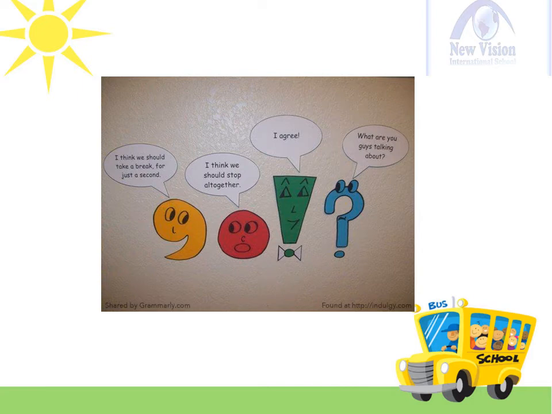These are 4 punctuation marks. We have the comma, period, exclamation point, and question mark. Each punctuation mark talks about its usage. Today, we are going to focus on one punctuation mark, which is called comma.